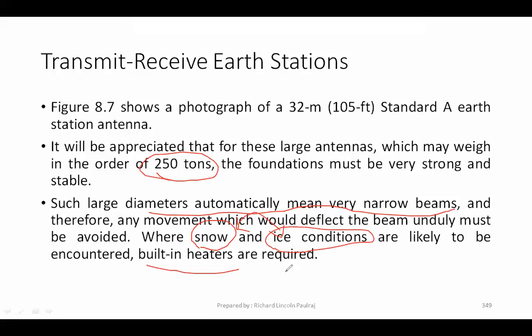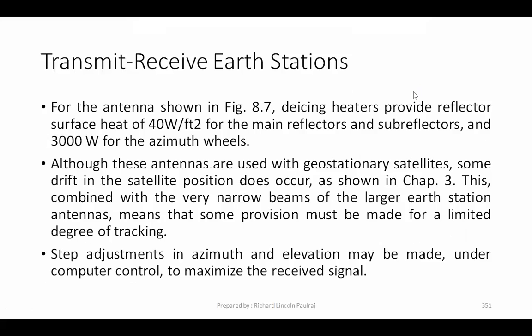During those seasons the heaters automatically turn on, and the snow and ice just melt off, so that the system functions to its very best. So that's the importance of having a heater.